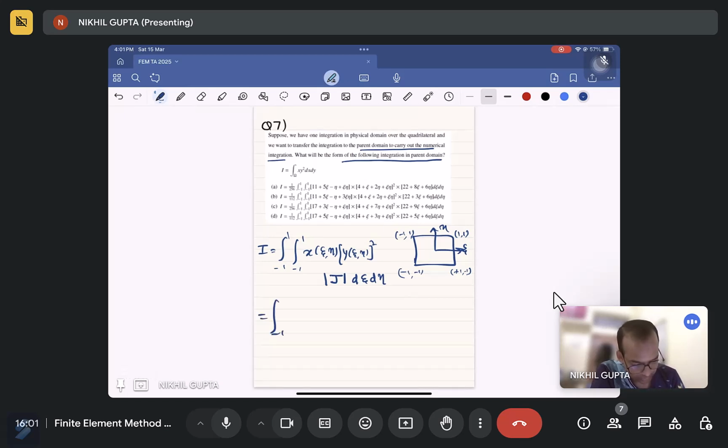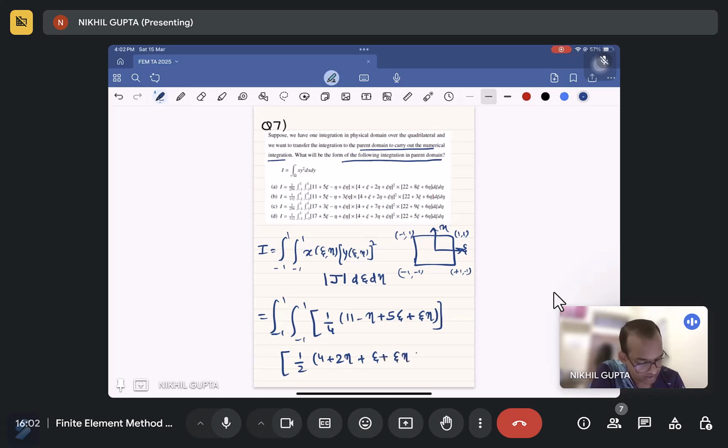So minus 1 to 1, minus 1 to 1. We have calculated x as 1 by 4 times (11 minus eta plus 5 xi plus xi eta). This is x, and for y we put 1 by 2 times (4 plus 2 eta plus xi plus xi eta), and all of that squared.